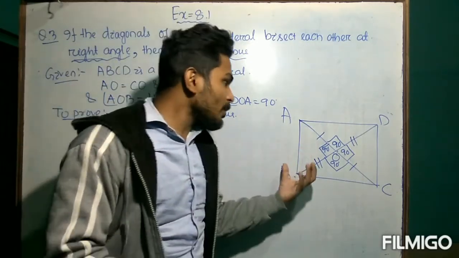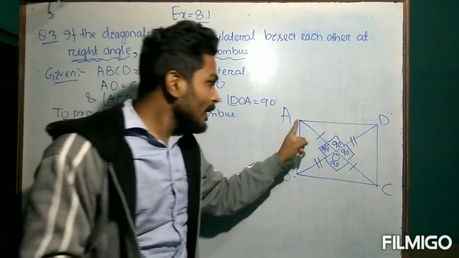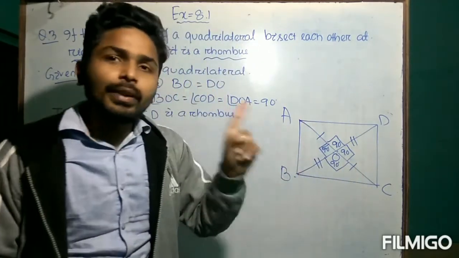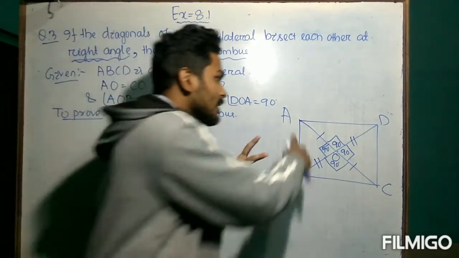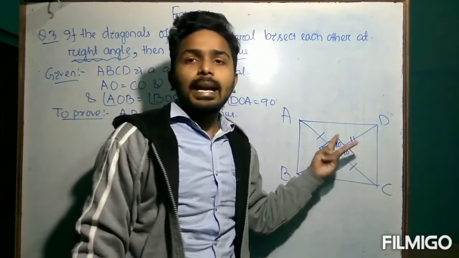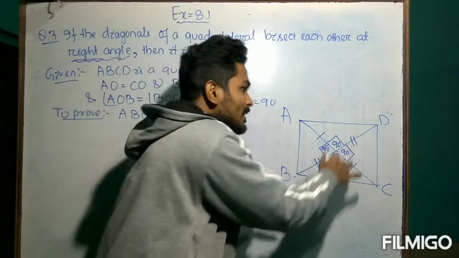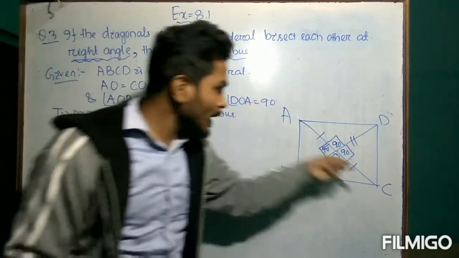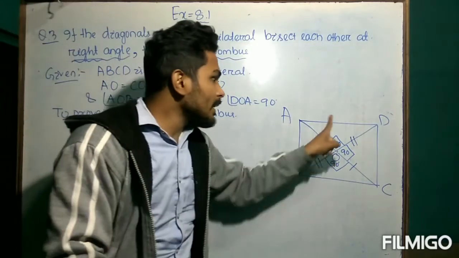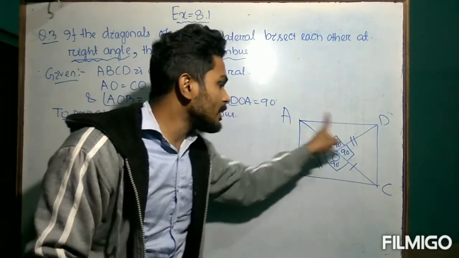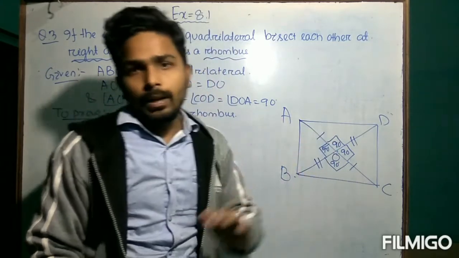So in order to be a rhombus, first of all we have to prove that each side is of equal length. This is the first property. The second property is that the two diagonals bisect each other at 90 degrees. Already the second property is given here. So we have to prove the first property, that each side of this quadrilateral is of equal length.